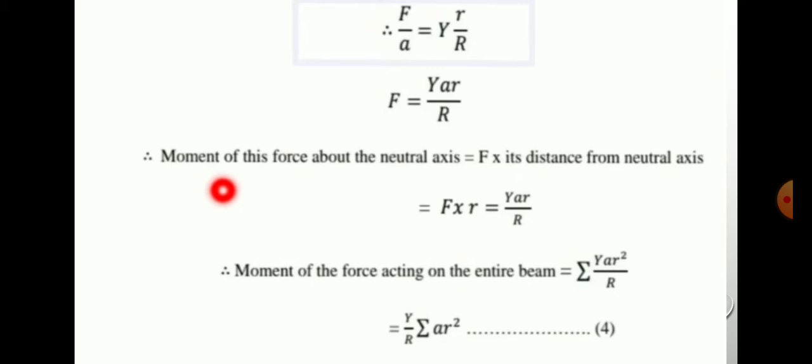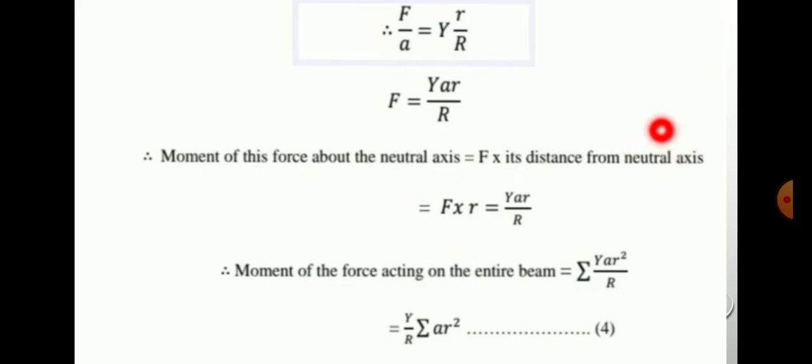Then next, the moment of the force about the neutral axis. When we apply the moment of the force about the neutral axis, that is F into its distance from the neutral axis. In that diagram, the neutral axis is GF.